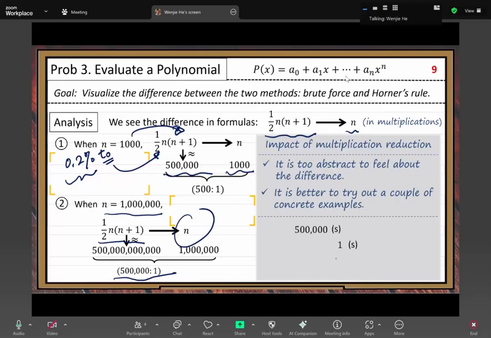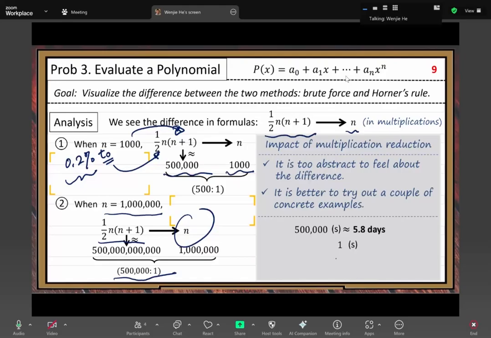Right? 500,000 to 1 ratio. 500,000 seconds, how long is that? We can do conversion, convert to hours, days. After I do conversion, it is approximately 5.8 days.